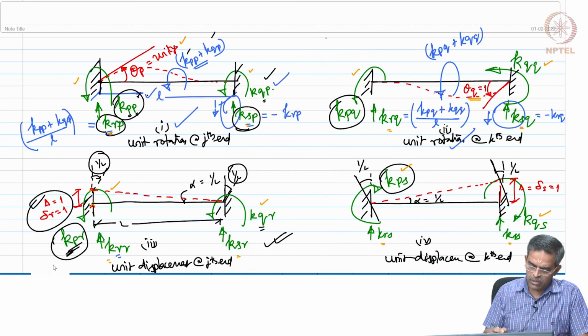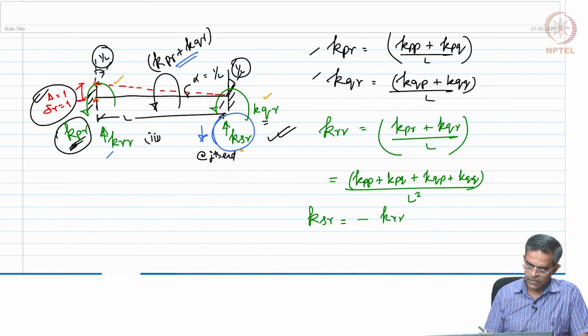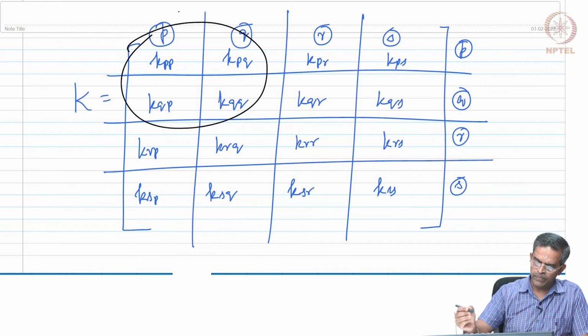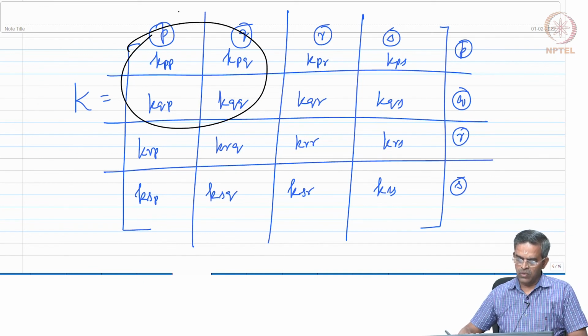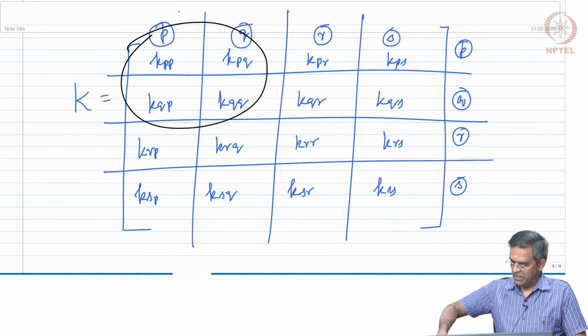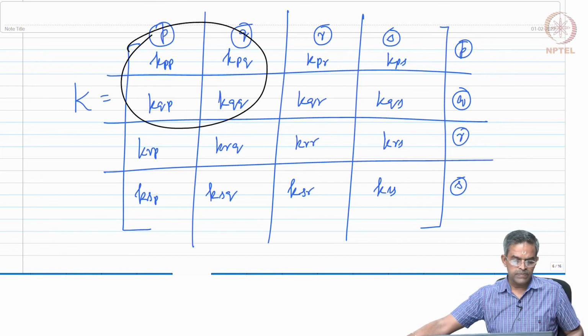Let us go back to the original matrix. So, we are talking about the rotational coefficients, which are these 4. If I know these 4, see KPP, KPQ is what we have just found out. Okay. So, let me say if I know this, I can write the remaining. Let us see how. Let us copy this.